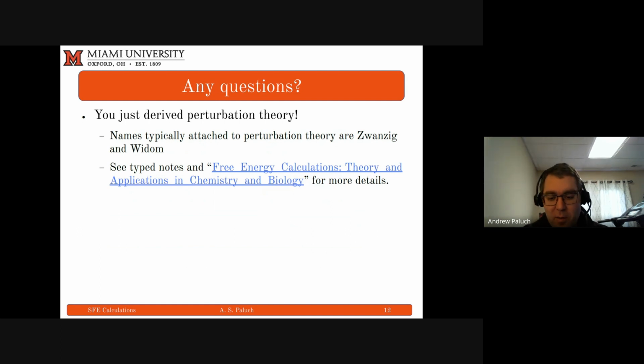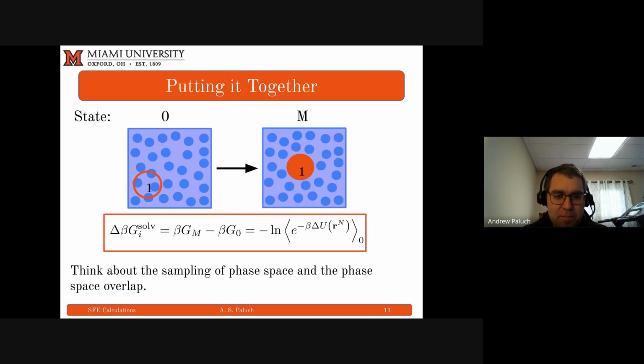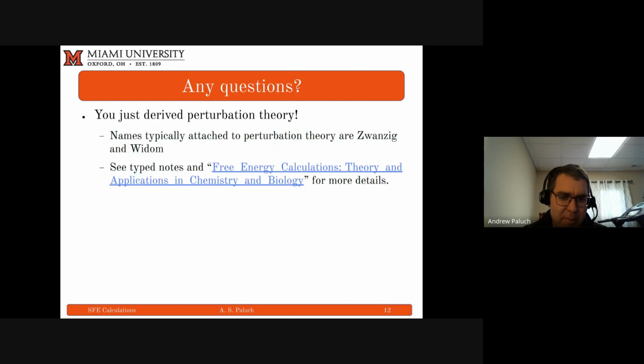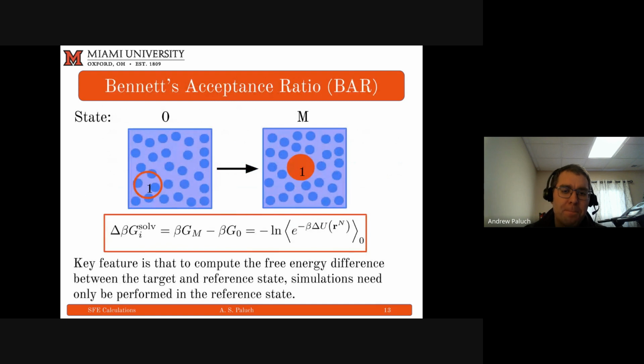All right. So we'll move on from there, and we'll lead into, based on this, where we get to some more advanced methods. Our key feature of a perturbation theory approach is if I want to compute the solvation free energy, I need only perform a simulation in my reference state. I don't actually need to perform a simulation in my target, right?